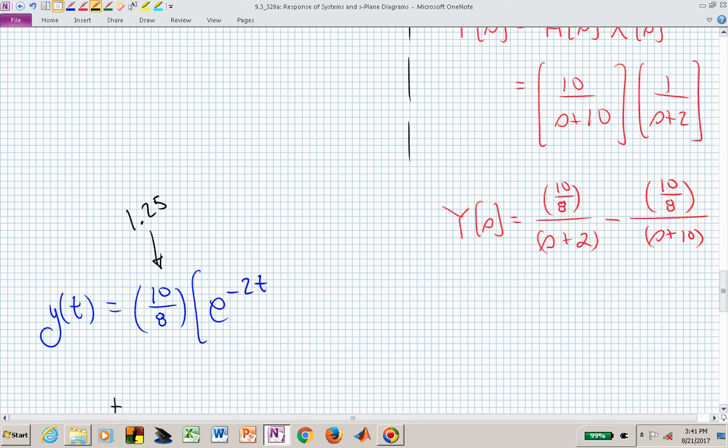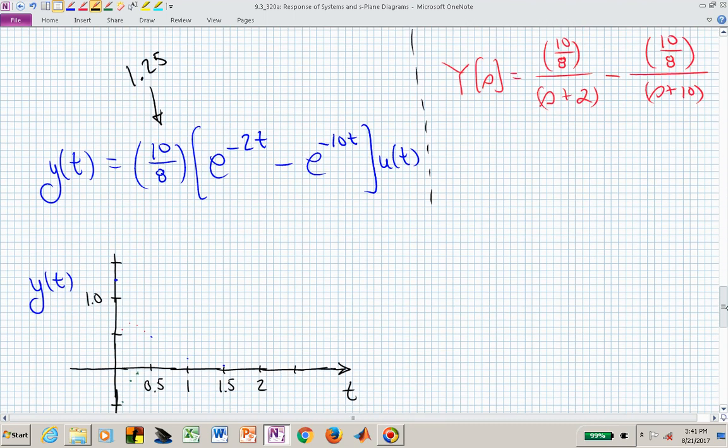We have 1 1/4 e to the minus 2t minus the piece associated with 1 over s plus 10, and that's just e to the minus 10t. And again, we can weight that or switch that on by scaling that by the unit step u of t.